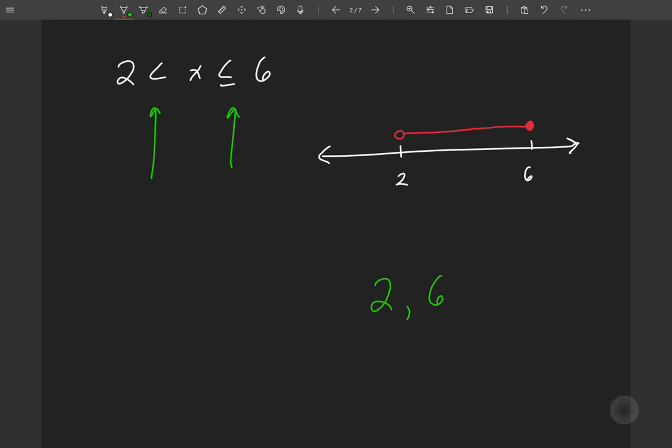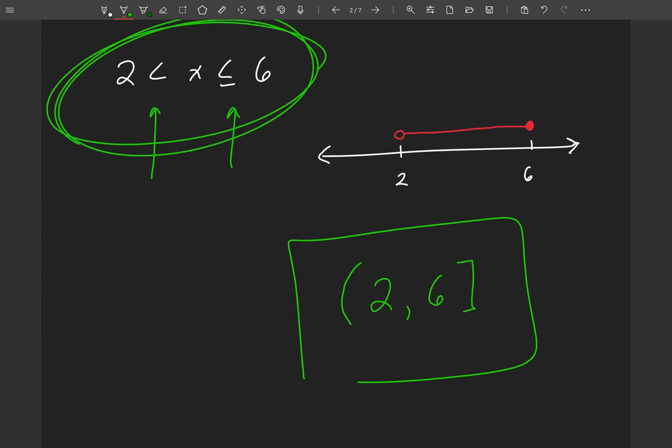Well, in this notation, we're going to use a bracket to show that it's included, and parentheses to show that it's not included. And now, this right here has all the information that this picture, or this inequality up here, contains. And I used fewer symbols, and it's very elegant and straight to the point.